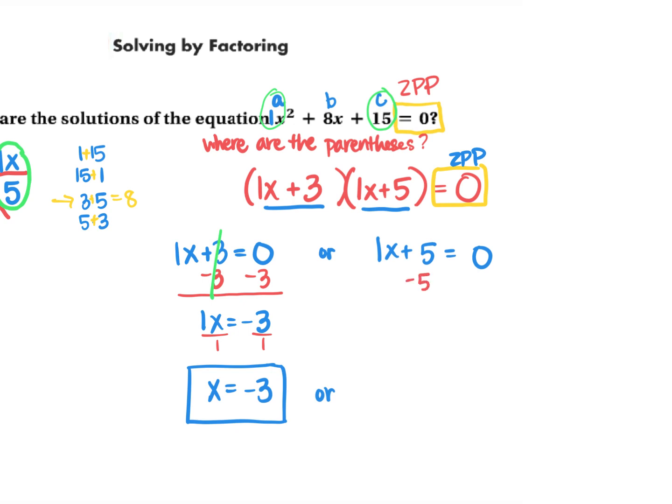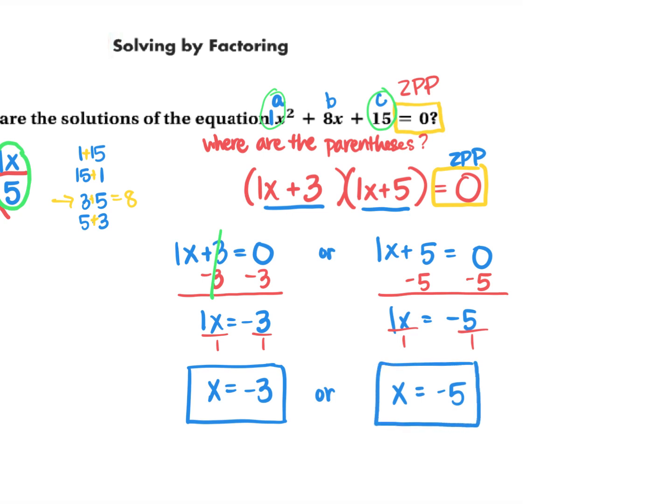For the second factor, we'll take -5. That's going to give me 1x equals -5. And we want to get rid of that 1 also, so that x is all by itself. And so x by itself is -5 divided by 1, which is also -5. So these are my 2 solutions, x equals -3 or x equals -5. Or both of them are the solutions.